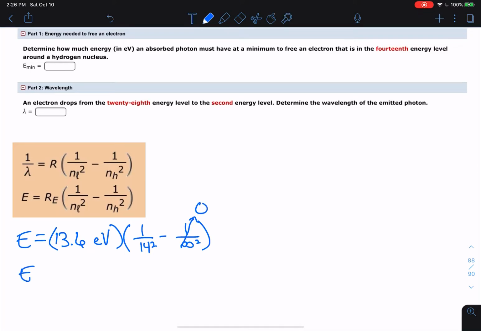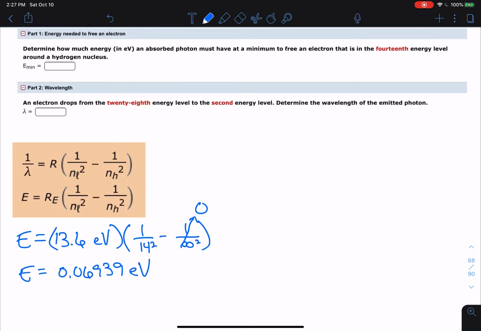So this becomes 13.6 electron volts divided by 14 squared, and that's just 0.06939 electron volts. So there we go.